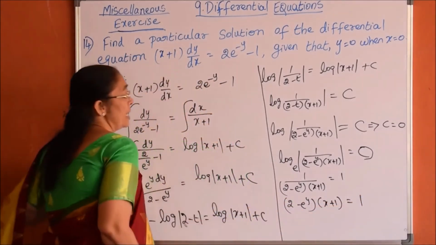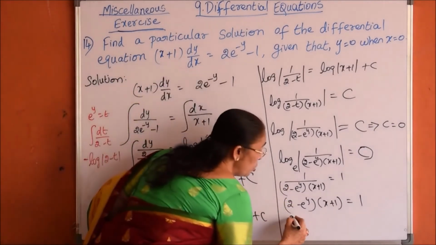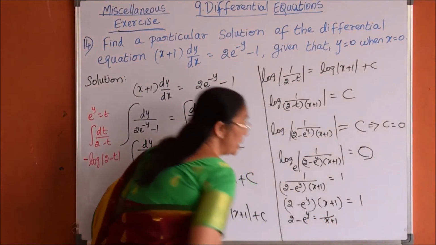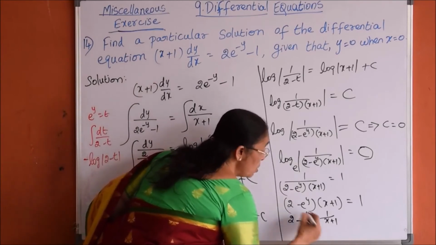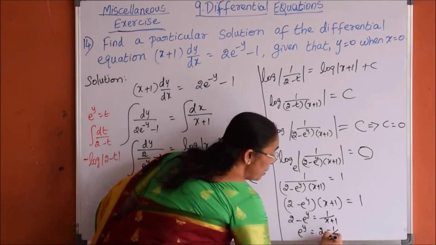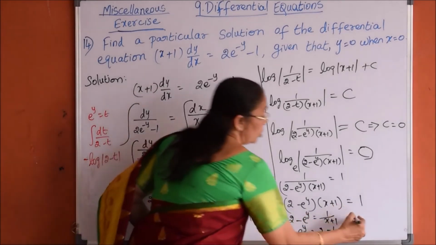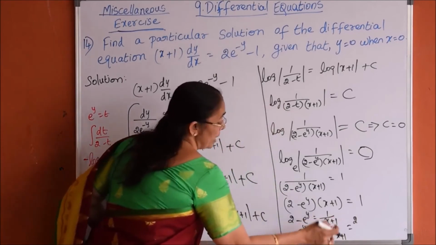Now we can rearrange these terms to get the value of y. 2 minus e power y is equal to 1 by x plus 1, or e power y is equal to 2 minus 1 by x plus 1, which is equal to (2x plus 2 minus 1) divided by x plus 1.